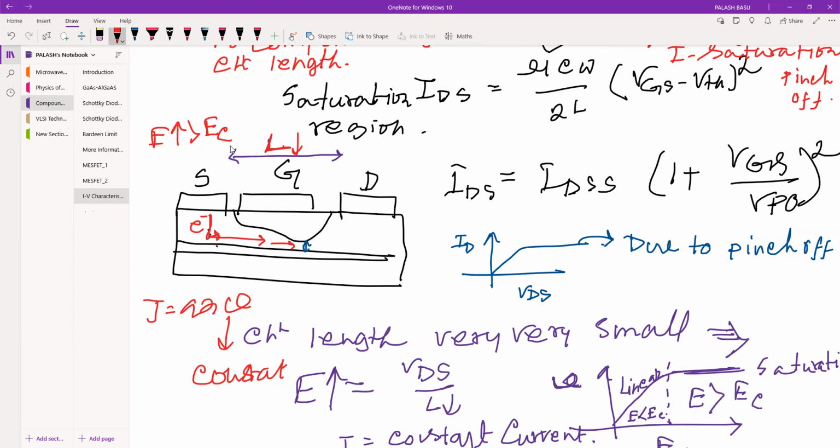But what you are saying is that if you reduce too much the channel length, then you will always get a constant current. So the current, whatever you are getting, is independent of L, right? That means there is no benefit of having high frequency. I mean to say, below a certain length, you are always getting a constant current, and that means constant GM, and definitely constant frequency.